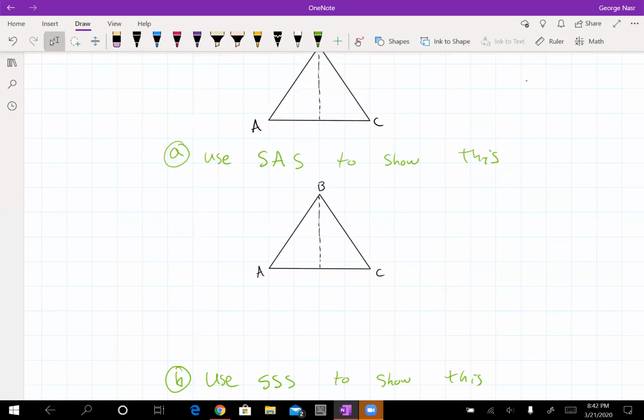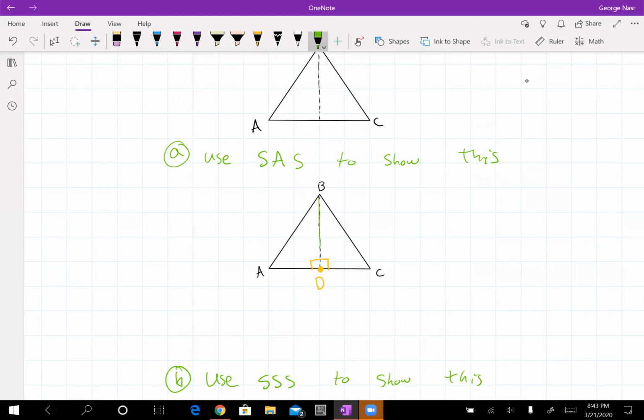So we drop this dashed line down, which means we have a right angle right here, right? So we have this point here now. Let's call this D. So to use side, angle, side, we've got to have a side, an angle, and a side. So here's my claim.